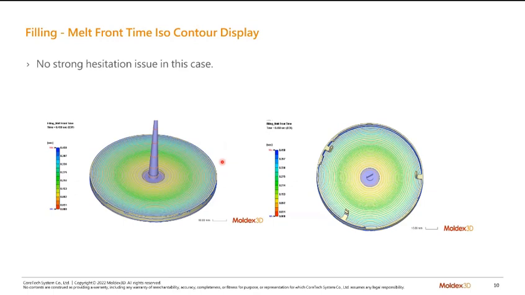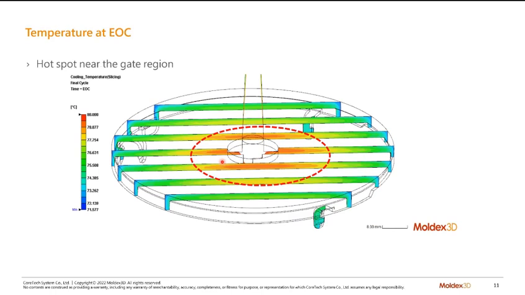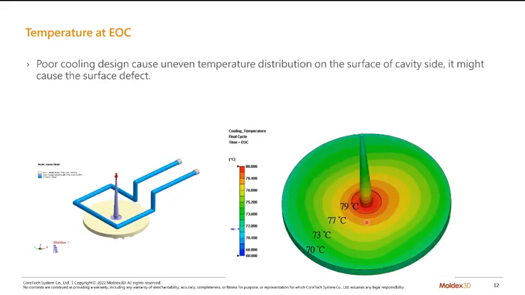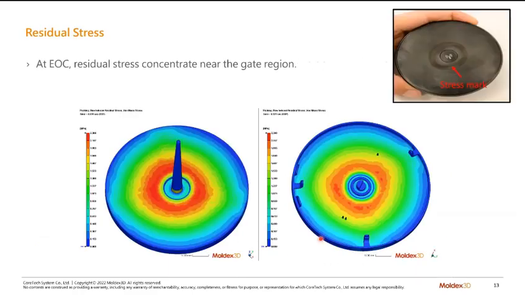So it's not really a flow mark problem. Then they tried to check the temperature in this cavity, and they found out that there's a hot spot near the gate region, and the temperature difference is around 9 degrees from the center of the part to the outer of the part. Then they checked the residual stress.